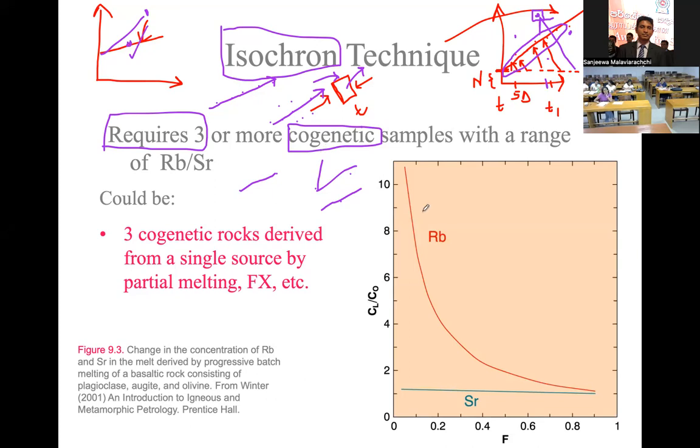You take one rock, and one rock contains a lot of minerals. Suppose you have three minerals which compose this rock. You can say mica, plagioclase, and hornblende. Just mica, plagioclase, and CPX, let's say. So you have CPX, mica, and plagioclase.